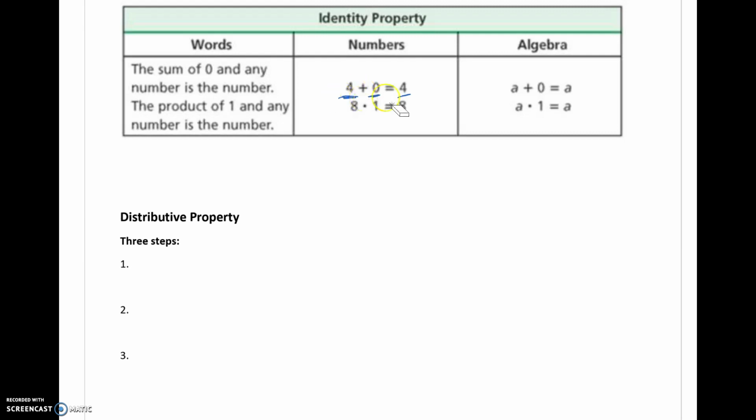Okay? If we're multiplying, 8 times 1 equals 8. The rule there is when we're multiplying numbers, any number times 1 is that same number. Okay? So identity revolves around your original number staying the same. If you add 0 or multiply by 1, nothing changes in your answer.